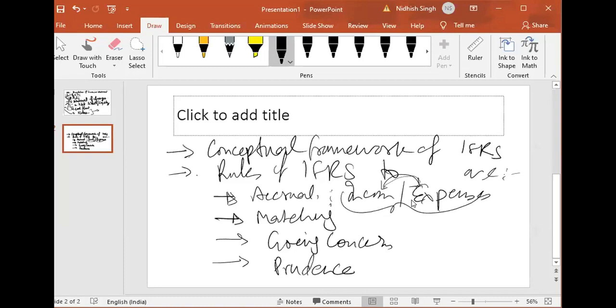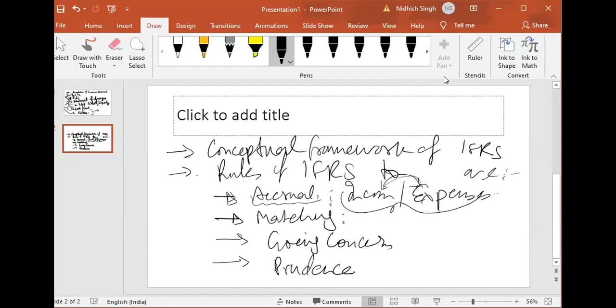For example, if the organization is operating and the admin fees or maybe the rent of the building is not paid in that period because the office was closed due to corona or pandemic, it doesn't mean that if we have not paid, we should not account for the expenses. And that accounting for the expenses means we need to follow the accrual concept.